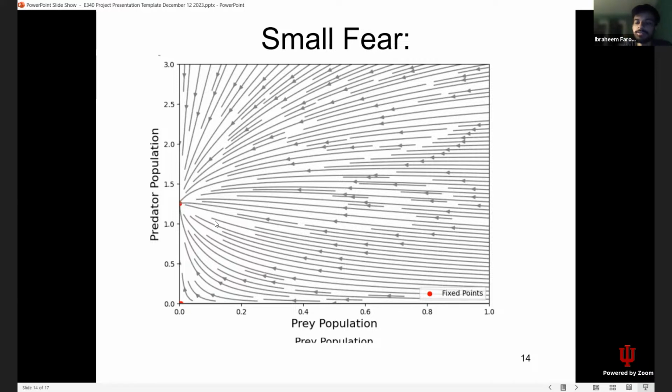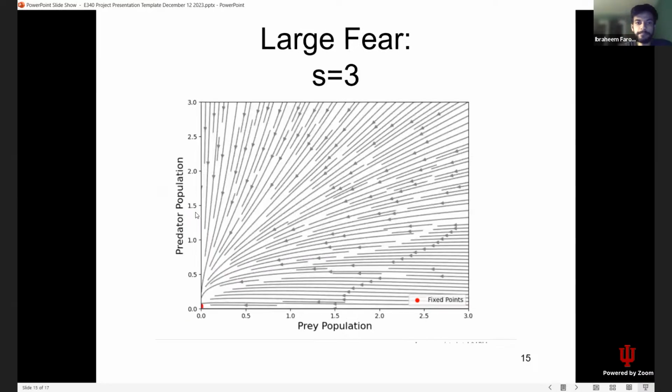This is because in our equation, we're also simulating such that the predator is not dependent solely on eating this specific prey. It can, in fact, eat other prey. So even though the prey population dwindles to 0, the predator population doesn't necessarily go to 0.